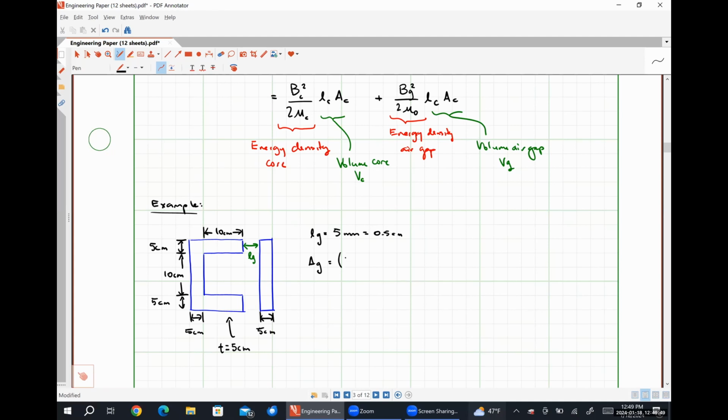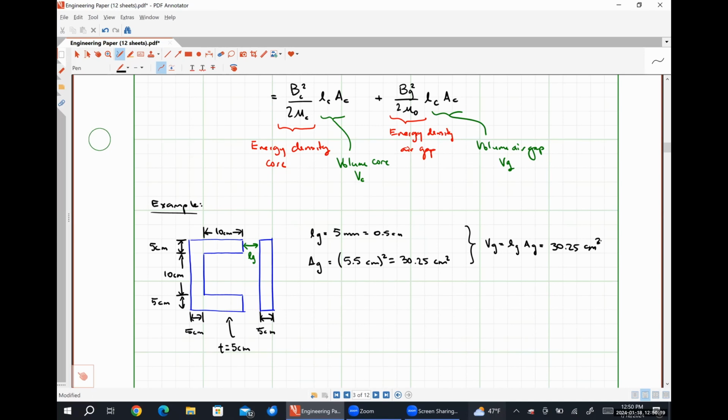So that's going to look like 5.5 centimeters quantity squared, which comes out to be 30.25 centimeters squared. And then the volume of our air gap is then the product of our gap length and our gap area, which comes out to be 30.25 centimeters cubed.